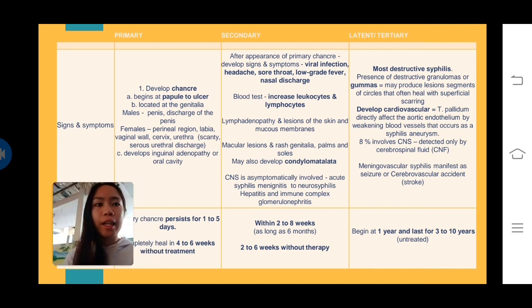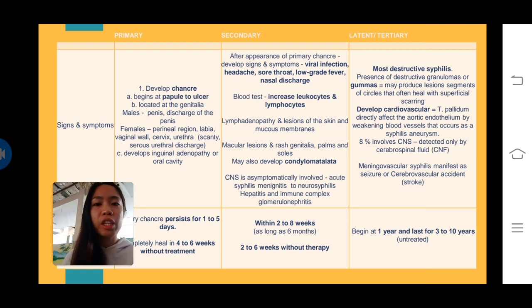Last is the latent or the tertiary. It is the most destructive stage of syphilis because of the presence of granulomas or gummas. It produces lesions, segments of circles, that often heal with superficial scarring.